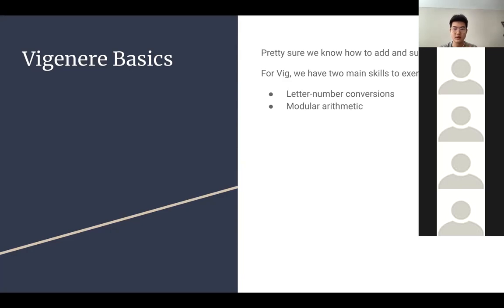We should be pretty good. Modular arithmetic, kind of, but that doesn't include inverses. So if you remember how we had that table where vertically they were matched up with the inverses, like 1 and 1, 3 and 9, and so on, we won't be using that for Vig because it's literally just addition and subtraction. And sometimes you have to get a little creative, but there's not like hardcore math involved or anything.